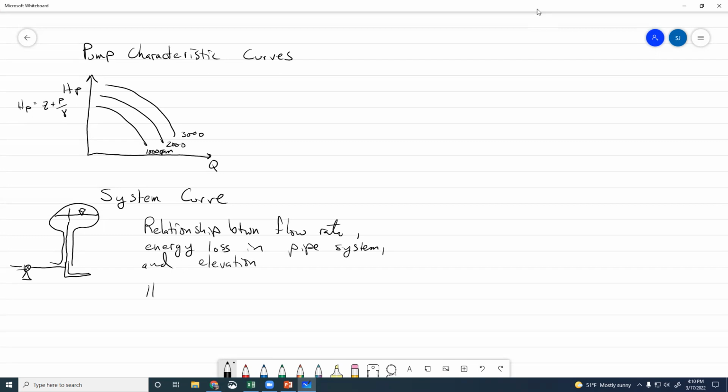So writing the energy equation out, we can calculate the system curve as the head loss due to friction. We could incorporate minor losses too, so I'll just make that generic, plus whatever elevation we have to overcome.